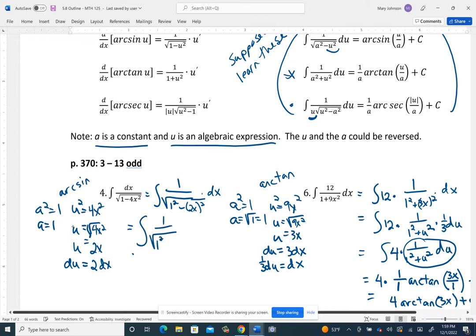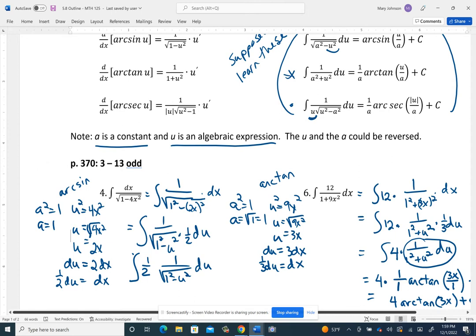So this would be 1 squared minus u squared, and then in place of the dx, I'm going to put 1/2 du, because dx equals 1/2 du. The 1/2 I can really move out of the way, and I can focus on this 1 over square root of 1 squared minus u squared du. I'm trying to integrate that.